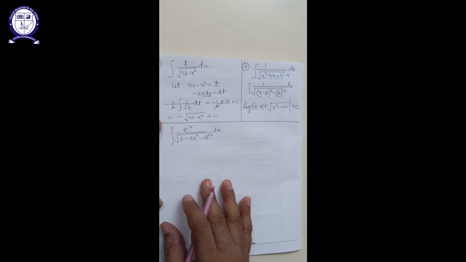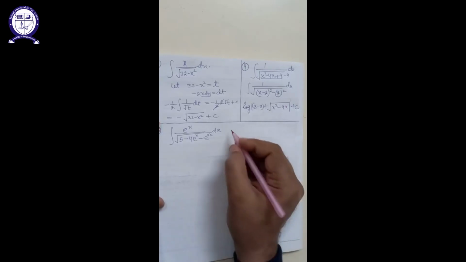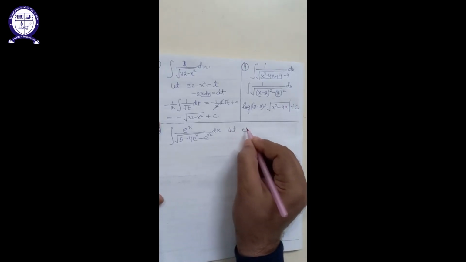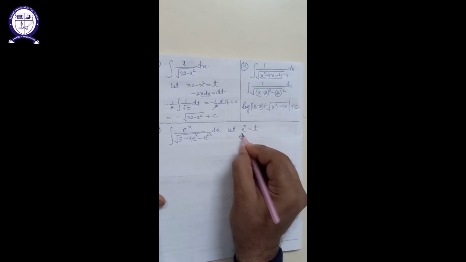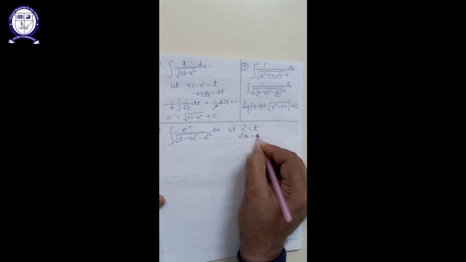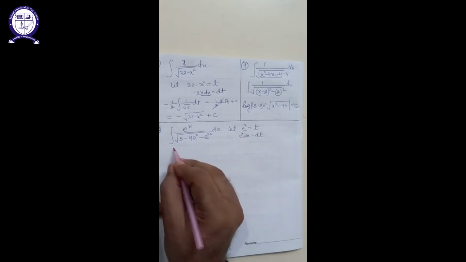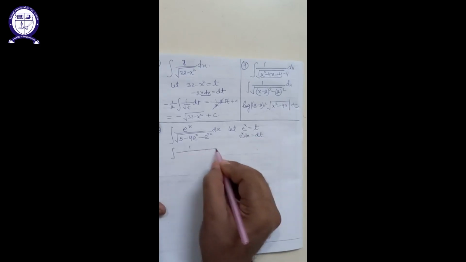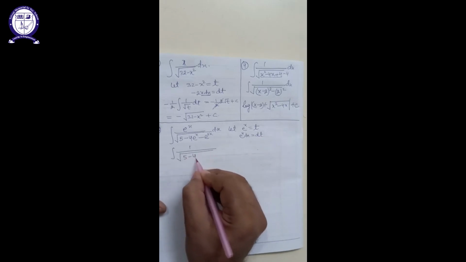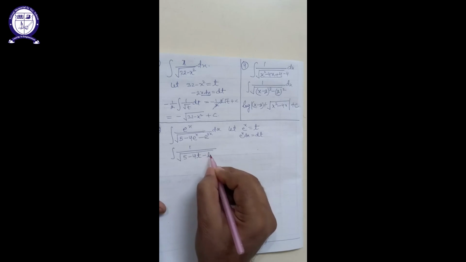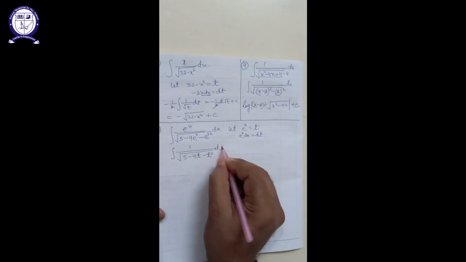In this question, let e to the power x be equal to t. You know that e to the power x dx is also dt. Therefore, integration of 1 upon root 5 minus 4t minus t square dt.